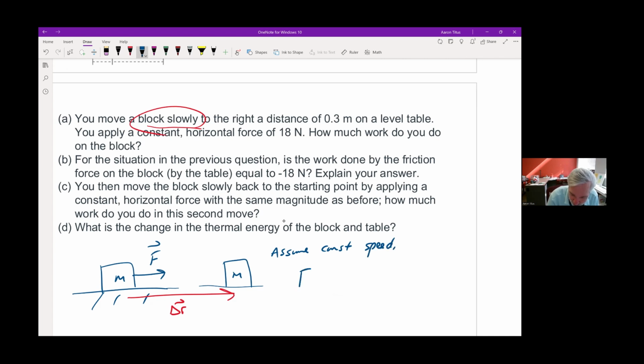So you do work that's equal to Fx delta x, and that ends up being 5.4 joules. Sorry, that should say joules.